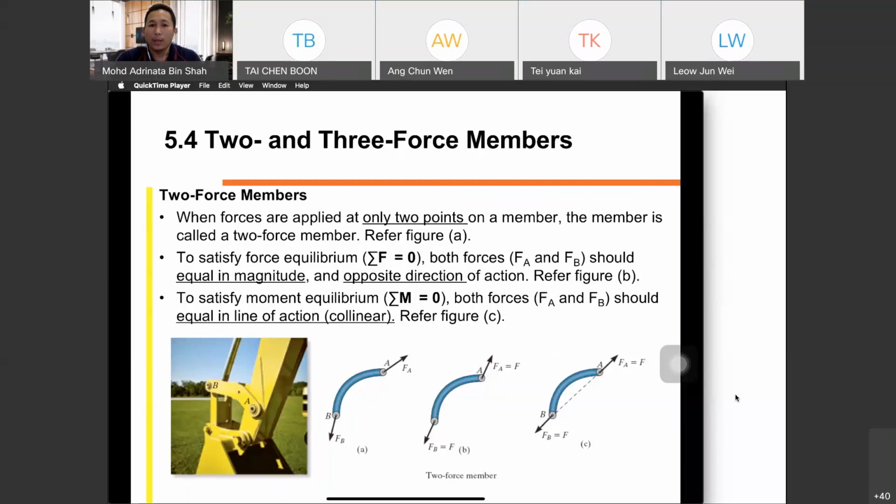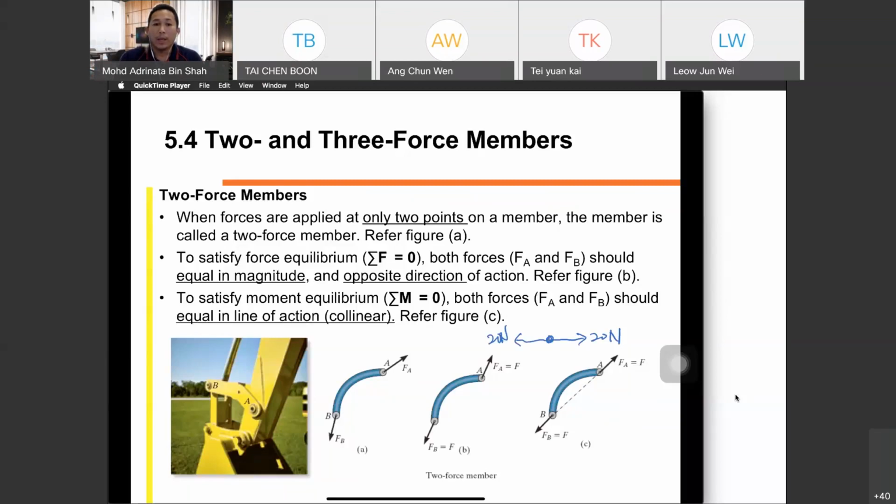The magnitude of the forces must be equal and it must be in opposite direction. So in other words, if you have 20 Newton in the x direction, you need to have 20 Newton to the left to make it balance in equilibrium.